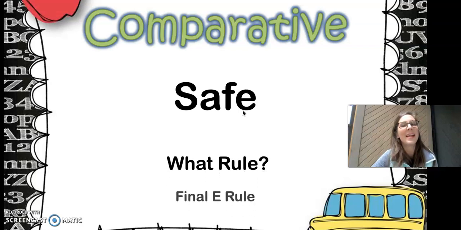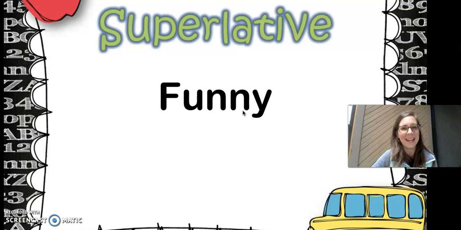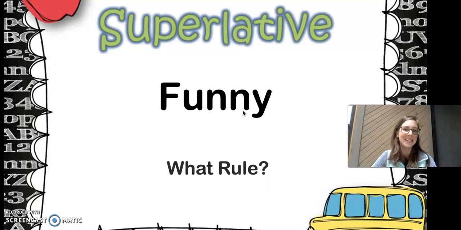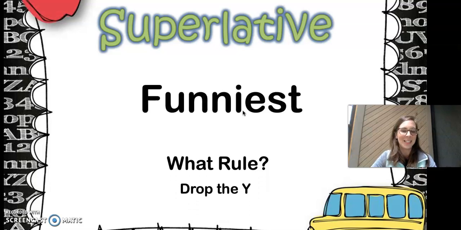We drop it and then add our ending ER, safer. And last one, funny. If we want to say that out of three or more things, something is the most funny, we use the word funniest. And that has our EST ending. So what do we need to do to the Y? Drop the Y, change it to an I before we add EST.